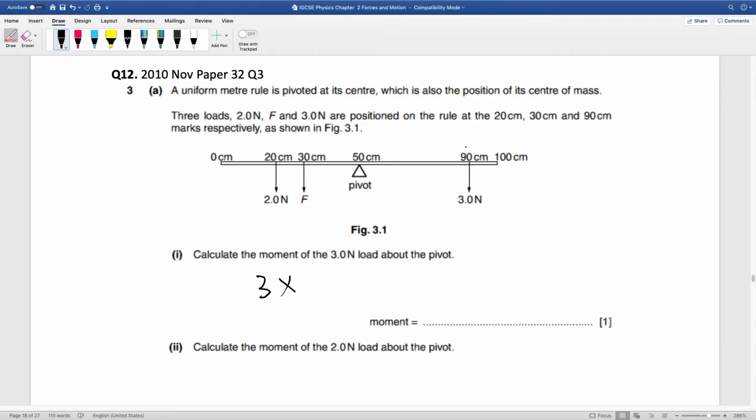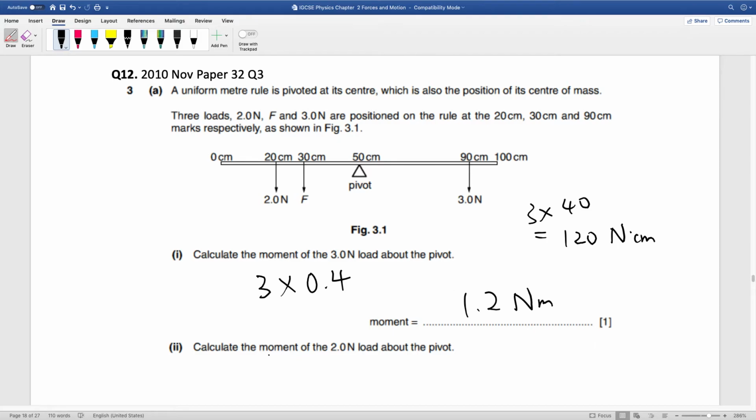But you should put 0.4 meter. Otherwise, if you use 40, your unit should be Newton cm. But it's so weird to write in this unit. Better not, because you have already learned about the SI unit.